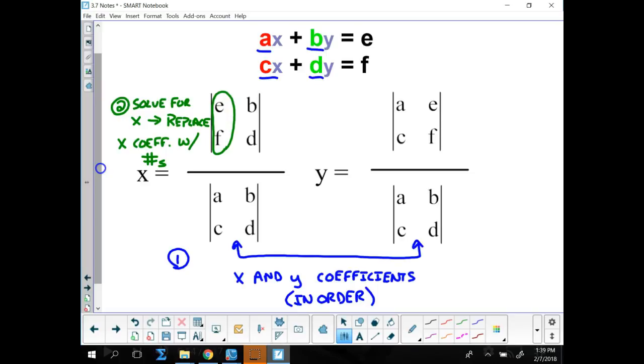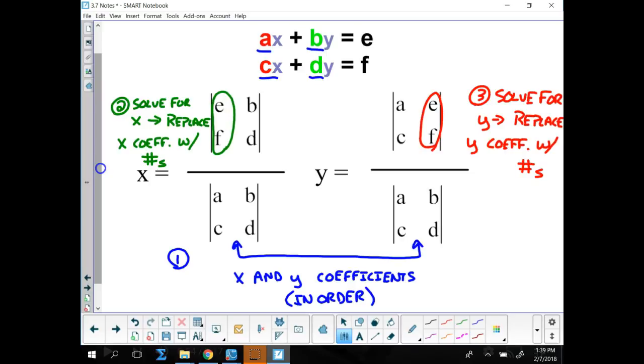If I want to solve for y, I'm going to replace the y coefficients with the numbers.